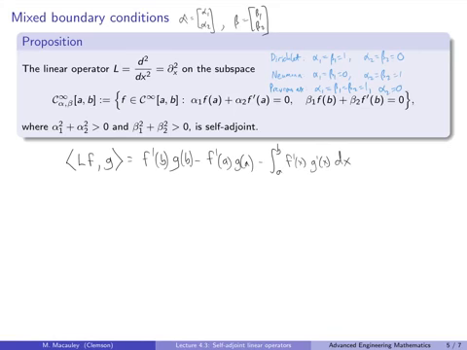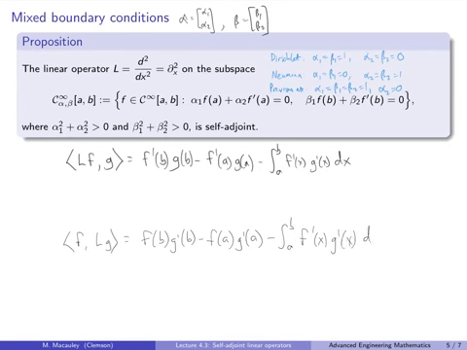Okay, so now what? I'm going to go down here and write what F dot LG is now. This is the same thing, we just reversed the roles of F and G. So this is going to be F of B, G prime of B, minus F of A, G prime of A, minus the integral from A to B of F prime of X, G prime of X dx.